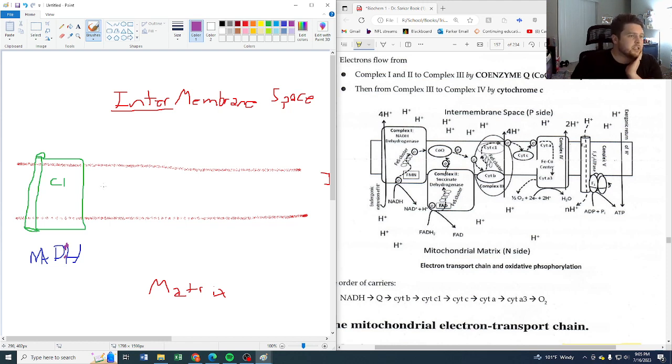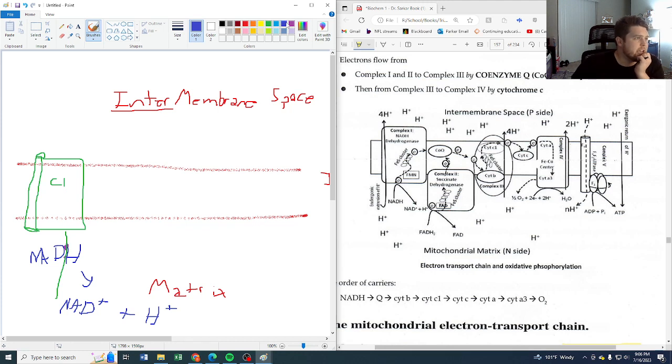So the NADH dehydrogenase is going to break this apart. Let's do green. It's going to break this apart right here so that we end up with NAD plus and a hydrogen ion.